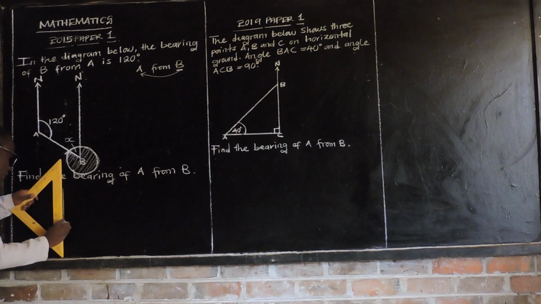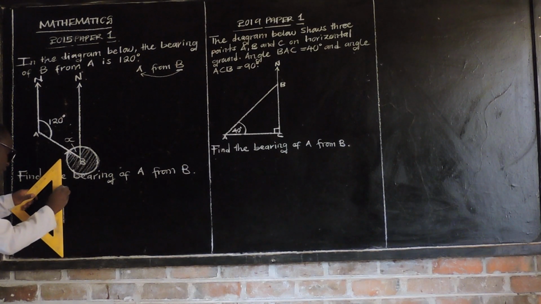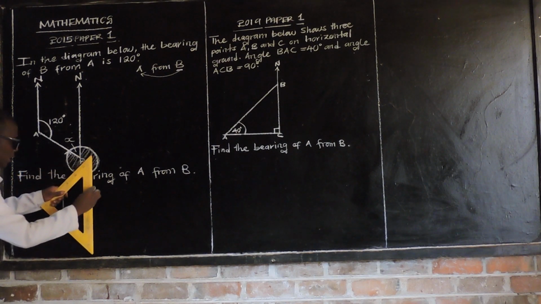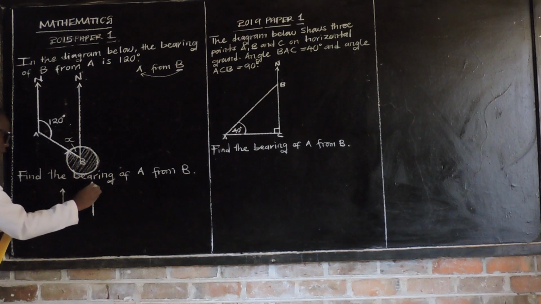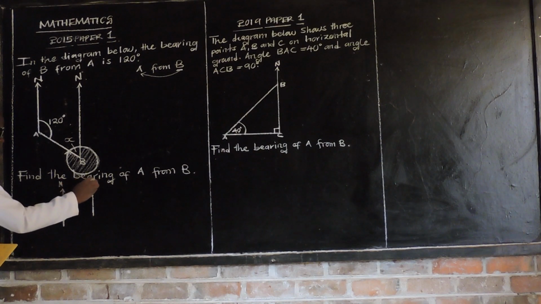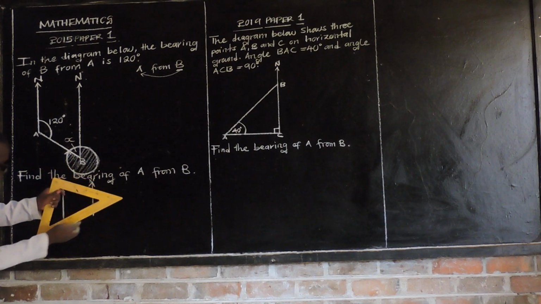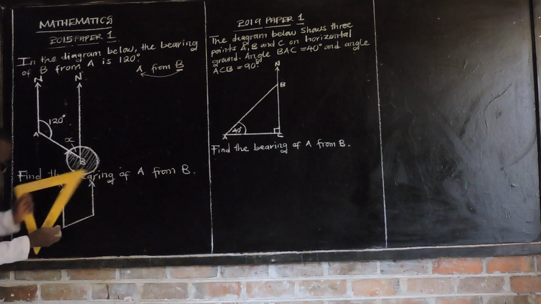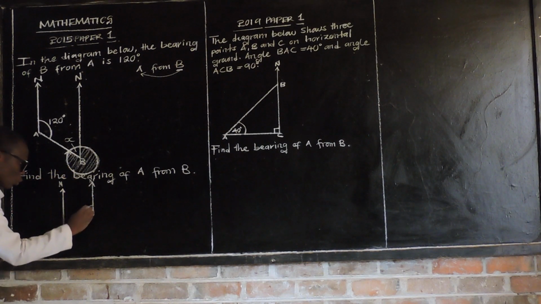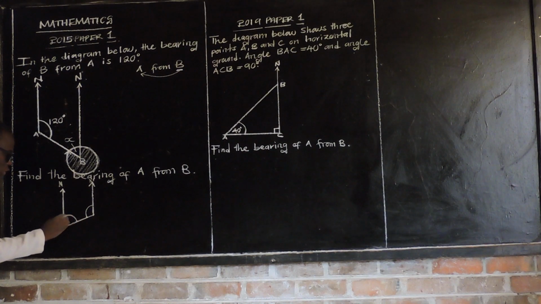If you have two parallel lines, take note, these two lines are parallel, you have north and you have north. Then you have a transversal line like this. We said these two angles are supplementary.